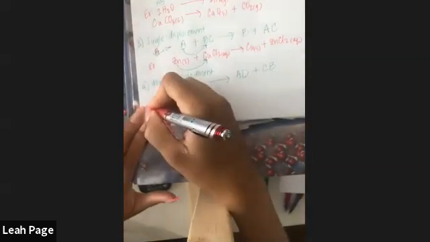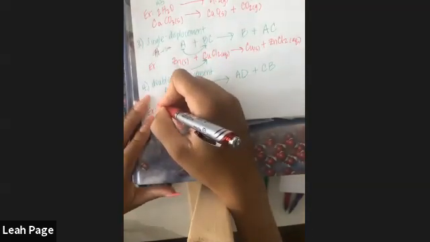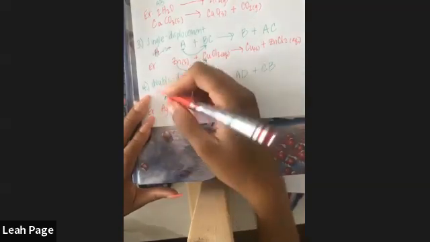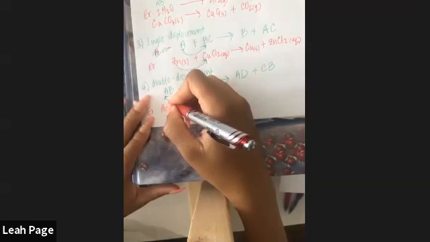And an example of this type of reaction is, let's say I have silver and the nitrate ion, so silver nitrate.